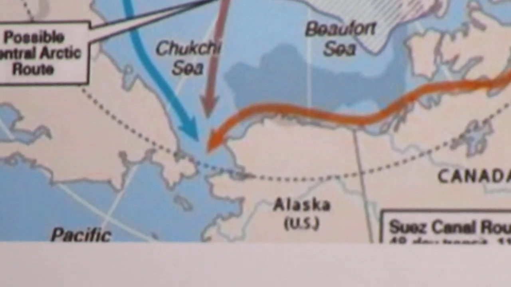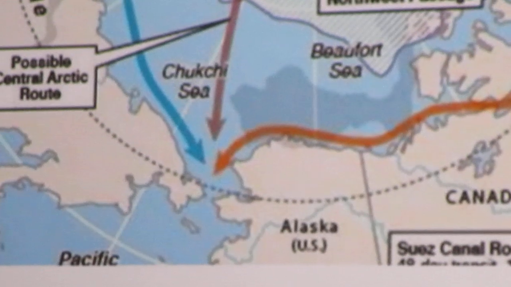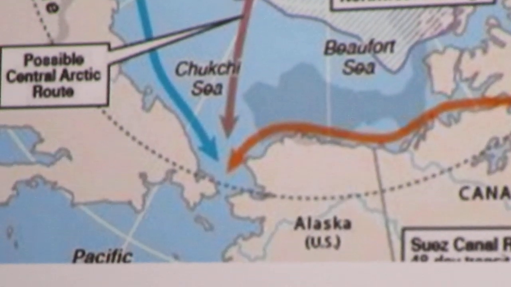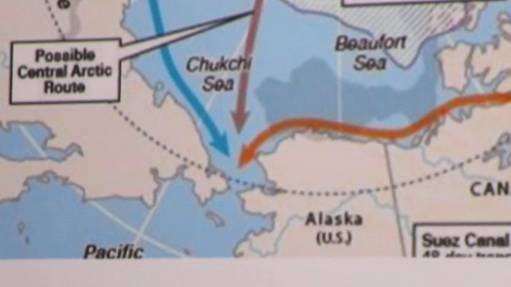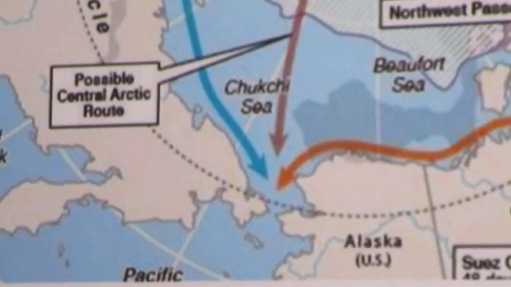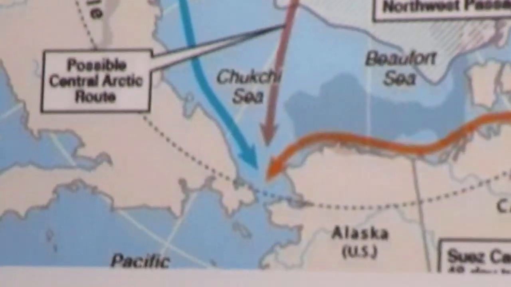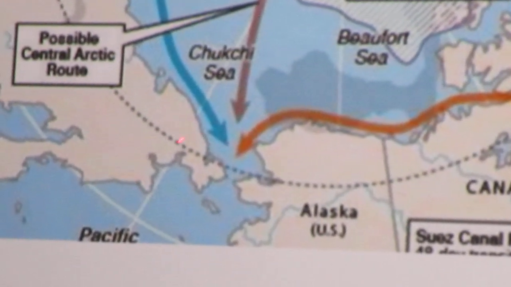But it's increasingly ice-free and increasingly available for navigable traffic. The Chinese have now sent vessels through there. Russia and the U.S. have long had some vessel traffic in there, but not a lot. But increasingly we see an opportunity for shipping through this narrow region here.